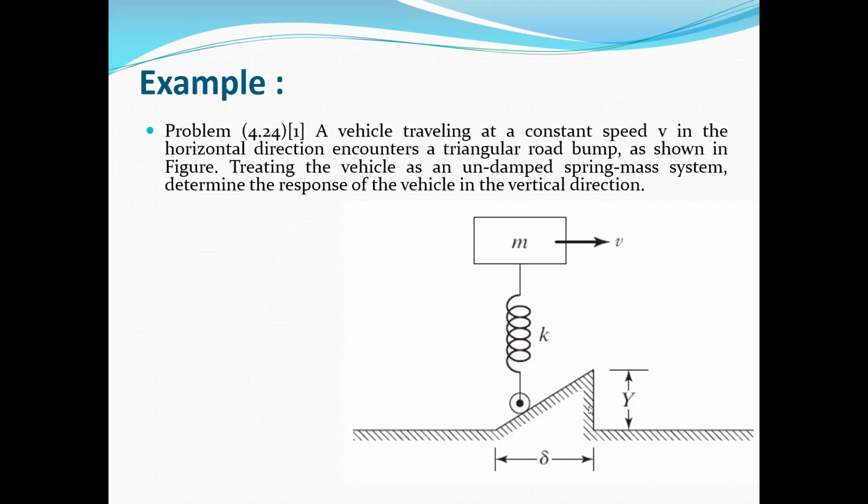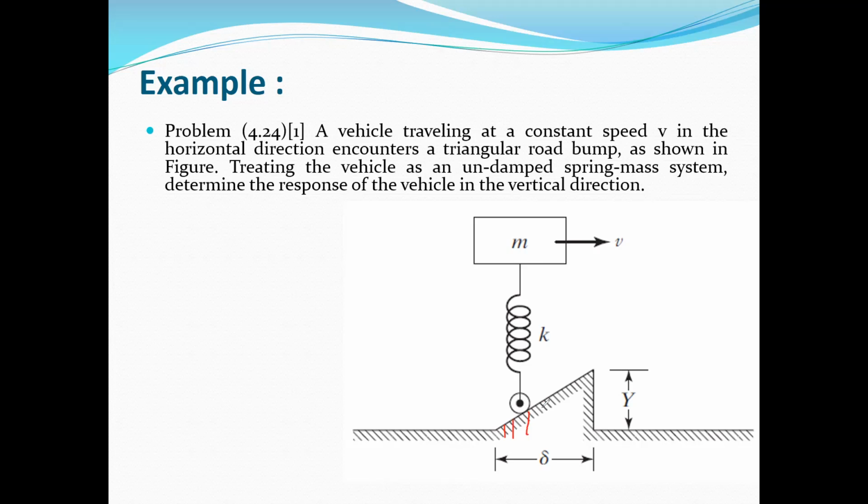As you can see, this base excitation is not a periodic base excitation. I mean, we only have one bump, and after that there is no bump in the road again. So it's not periodic, it's not harmonic, and it has a general form. So we can model this bump as several impulses.